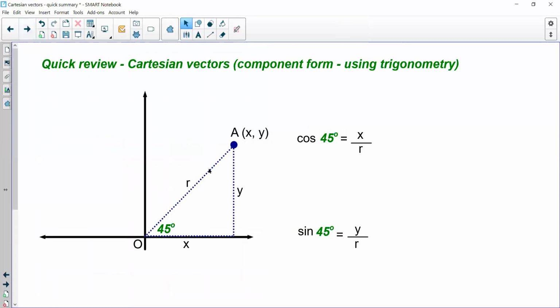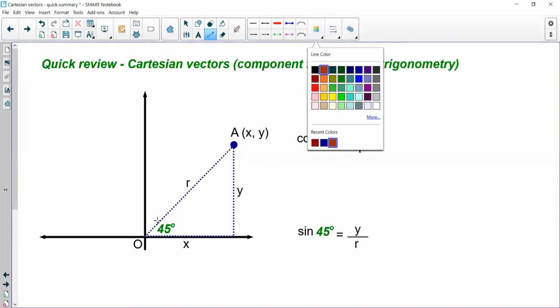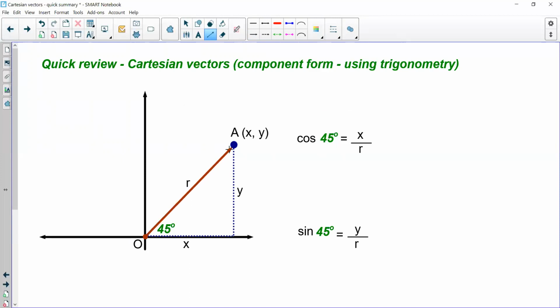Okay, now Cartesian vectors, just to review this as well in component form. So again, we have something on a Cartesian plane, and the difference between this type of setup is that you'll notice that I'm not given coordinates for point A. So if I wanted to represent the vector from O to A using component form, let's get this set up here.